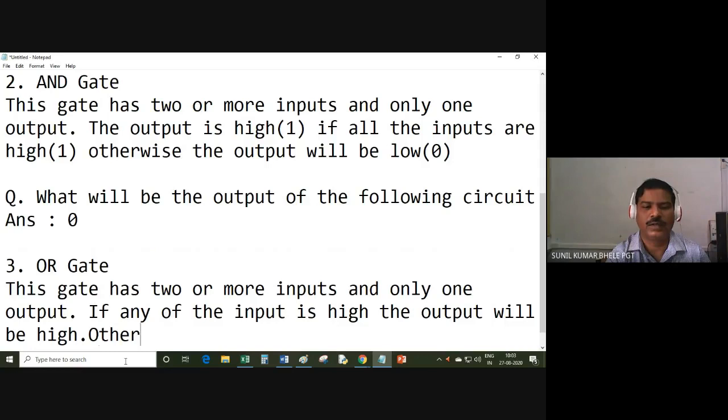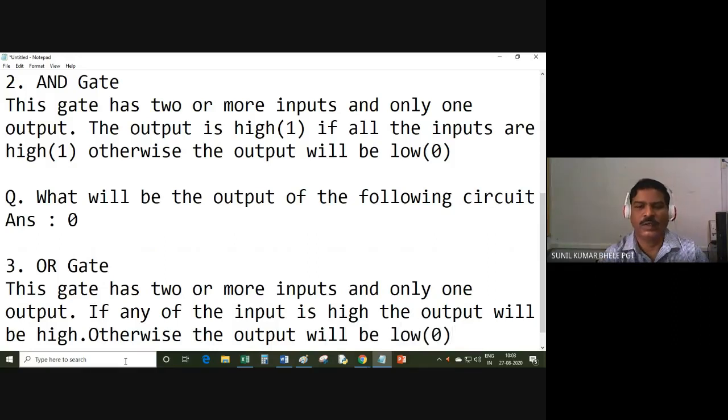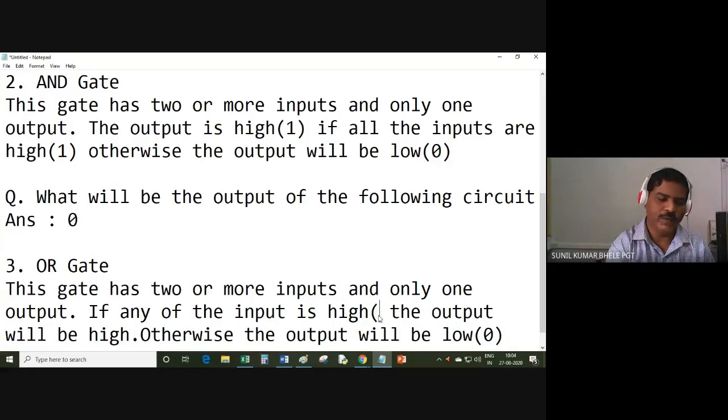Otherwise, the output will be low. Because if any of the inputs is equal to 1, the output will be 1.